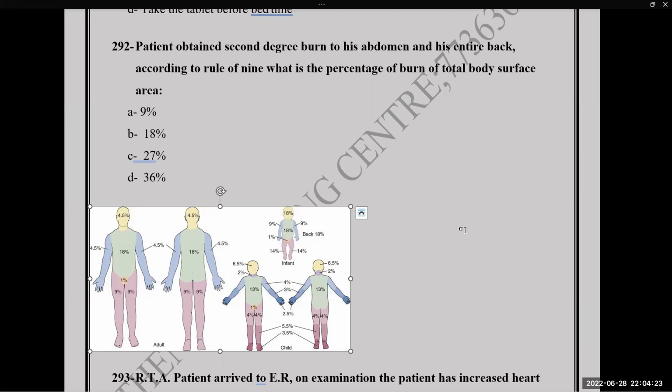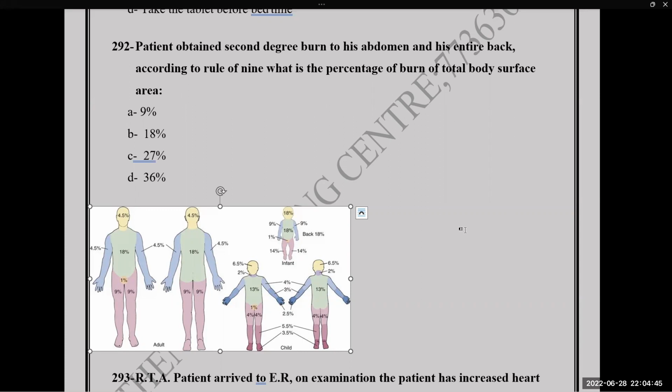Patient obtained a second-degree burn to his abdomen and his entire back. According to rule of 9, what is the percentage of burn of body surface area? So, based on rule of 9 classification, when head gets affected, it is 9, and both hands are 9 each.